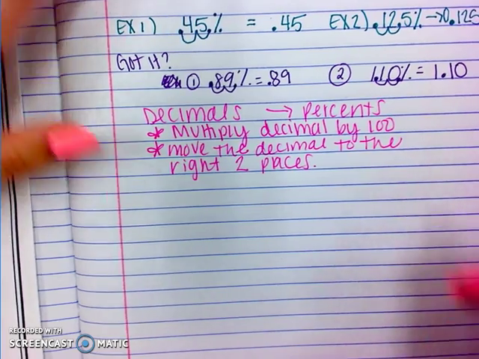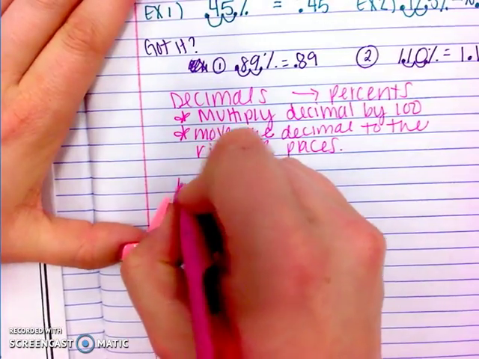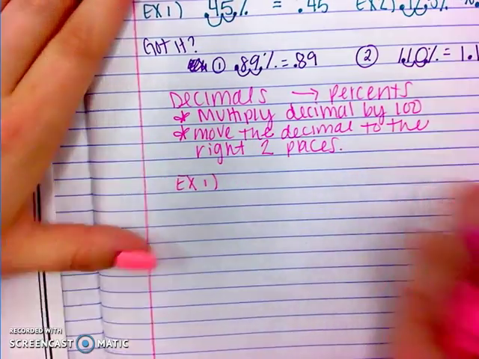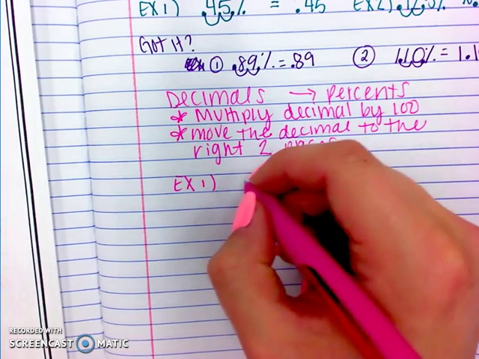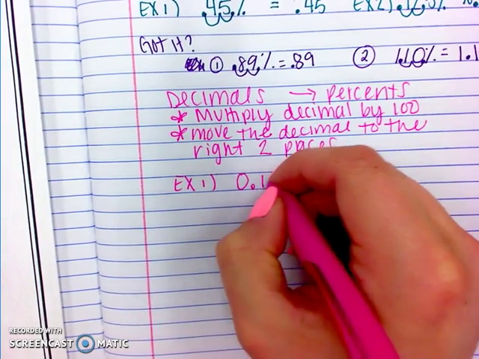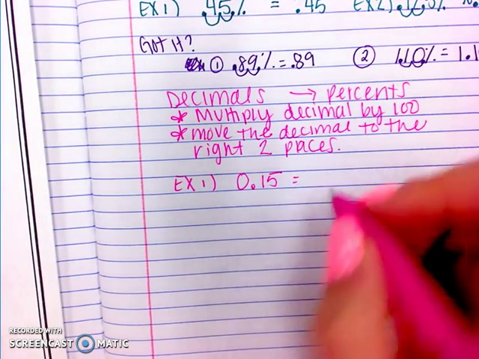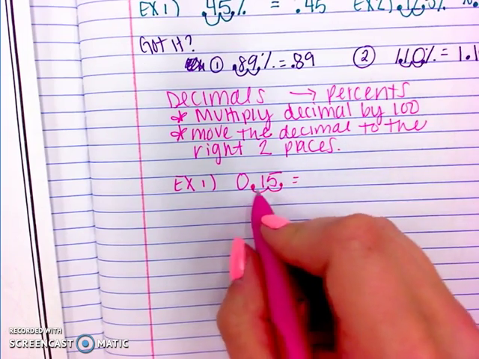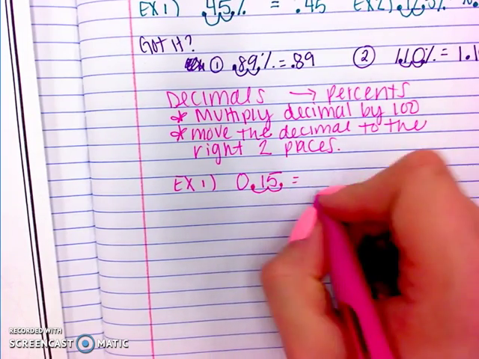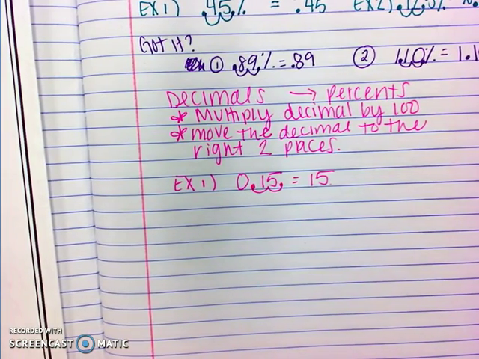Okay, so first example for that, if I had 0.15, I need to turn it into a percent. So take the decimal, move it 2 places to the right. So my new number is 0.15, or just 15, because there's that decimal back there, which I don't need to technically put because it's a whole number.